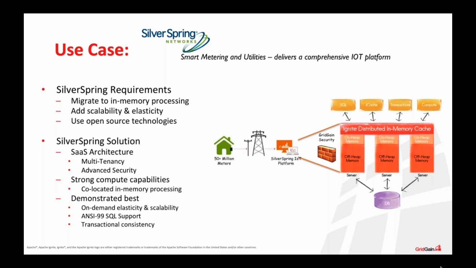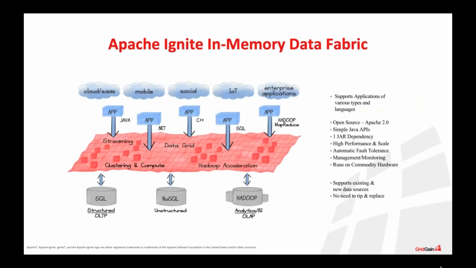Okay, and having this in mind, let's take a look at the main components of Apache Ignite that are essential to build a platform like Silver Spring did. Apache Ignite, as most of us know, is an in-memory data fabric, and you can slide it in between your applications and your persistent storage.